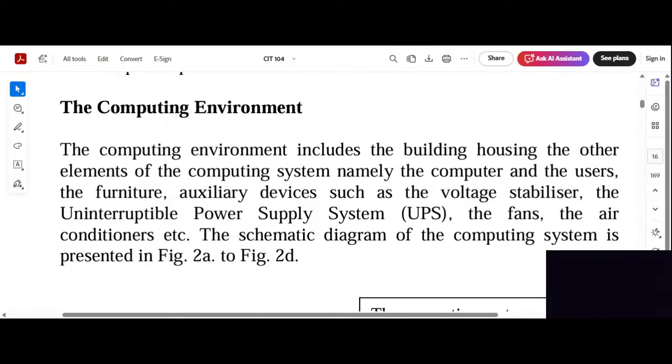Don't joke with the practical. Don't copy your friend in the practical. The side effect of copying: somebody in the group of 100 students solved the assignment, then the rest of the 99 copy the same thing and submit.